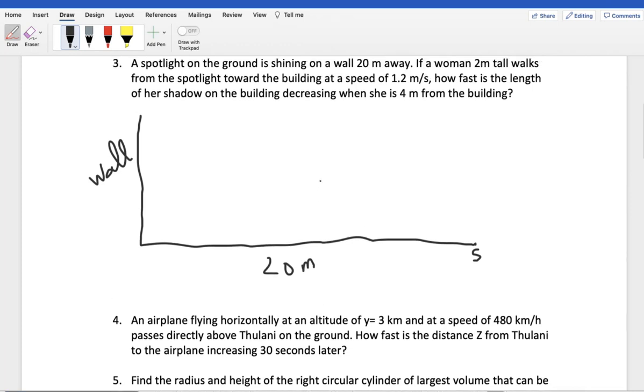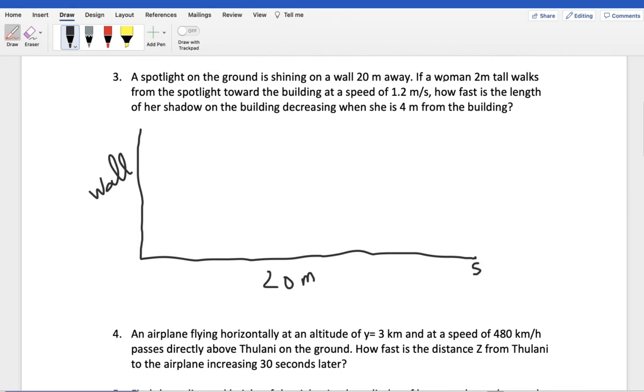And then next, it's telling us that a woman, 2 meters tall, walks from the spotlight towards the building at a speed of 1.2 meters per second. How fast is the length of her shadow on the building decreasing when she's 4 meters from the building?